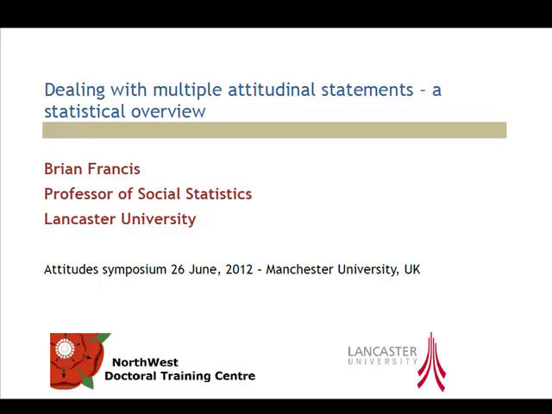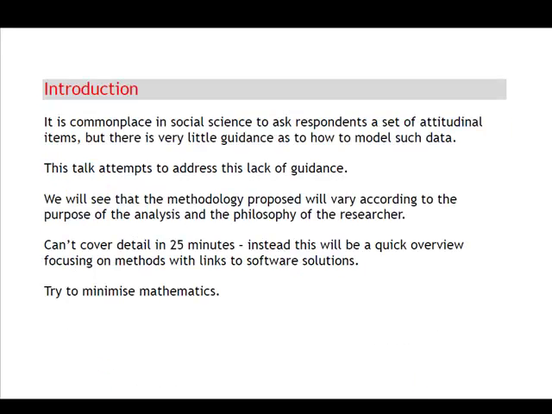Okay, so I'm really going to be talking about multiple attitudinal statements, and modern ways in which these can be looked at using modern statistical techniques. It's commonplace in social science.